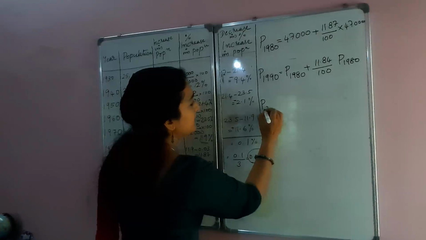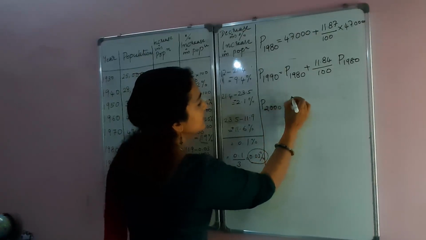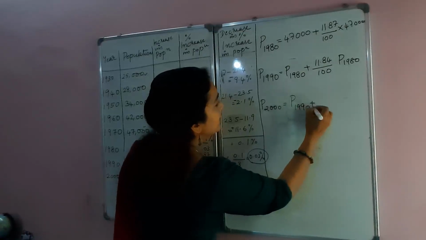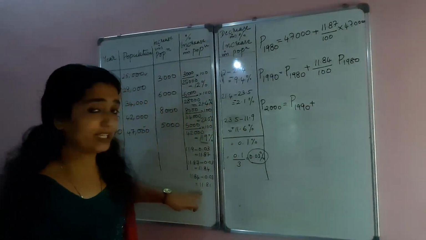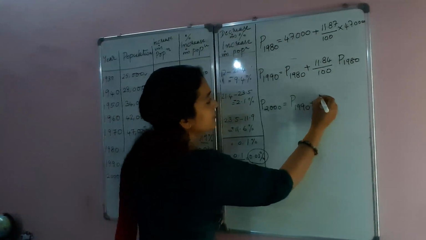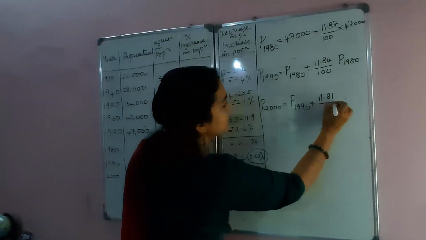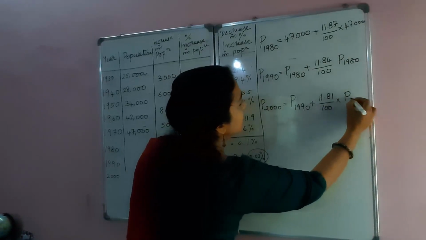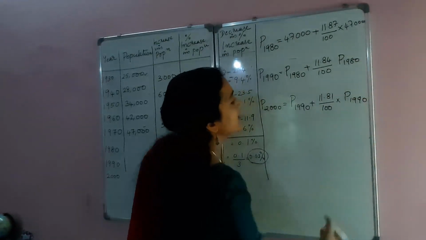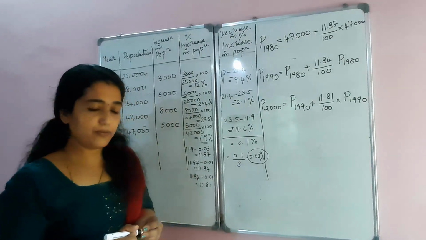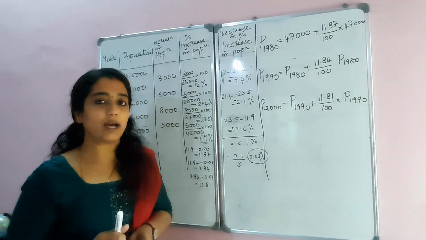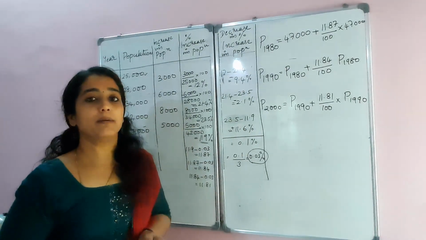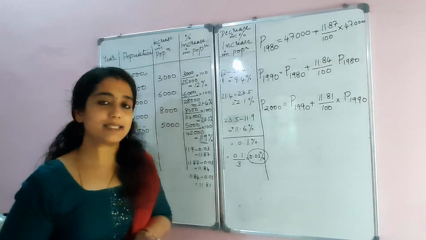Likewise, P2000 is equal to P1990 plus the increase in population, 11.81 divided by 100, into P1990. Like this, we are going to calculate all the coming decade populations by the decrease in rate of growth method.